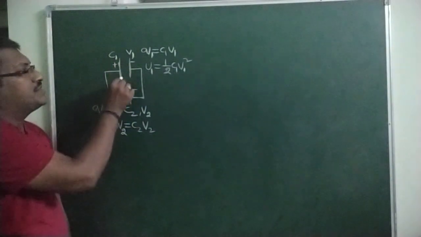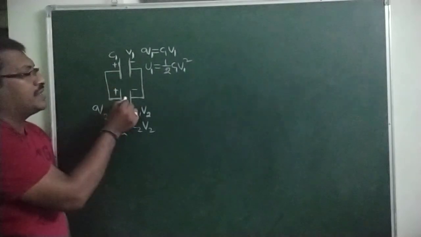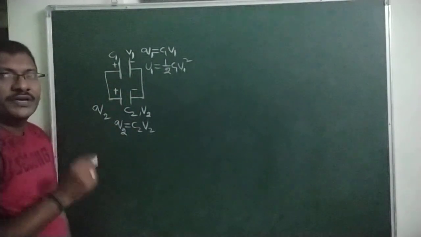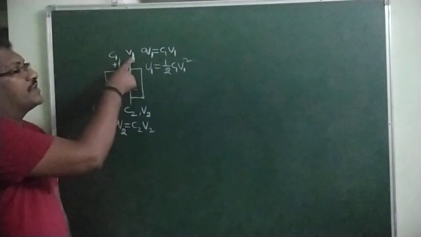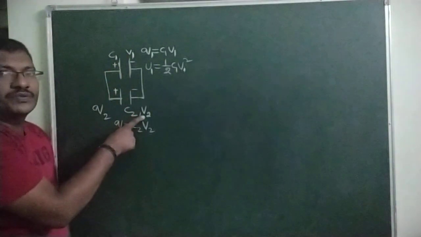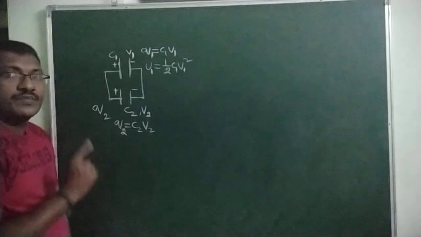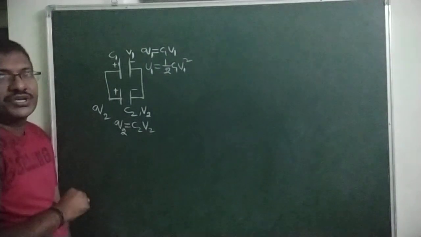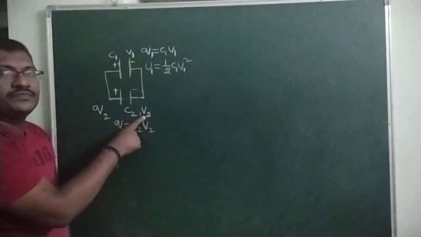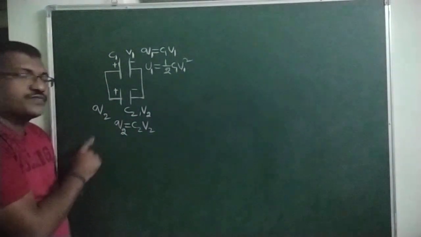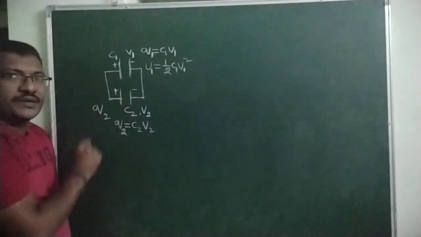Whether charge flows from here to here or here to here can be determined depending on the potential. The potential here is V1 and the potential here is V2. Charge always flows from high potential to low potential. That means, for example, if V1 is more than V2, then charge flows from the first capacitor to the second capacitor.